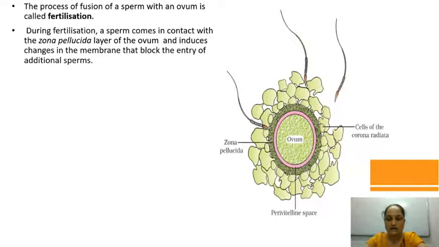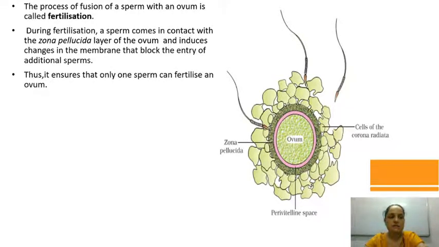This dark area which you can see is the zona pellucida, and it induces changes in the membrane. When the sperm enters, it becomes hard so it will not allow other sperm to enter. It blocks the entry of additional sperms after the entry of one sperm.